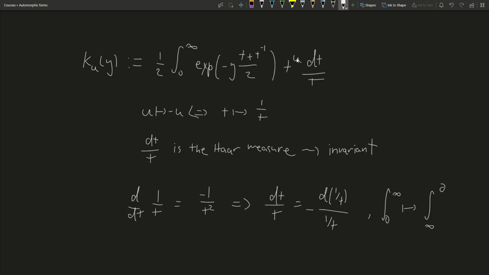So here we can just stick a minus sign here. And then in this exponential, if we replace t with 1 over t, then these two terms are swapping. So this thing also stays the same. So this ends up being equal to K of minus u, y.